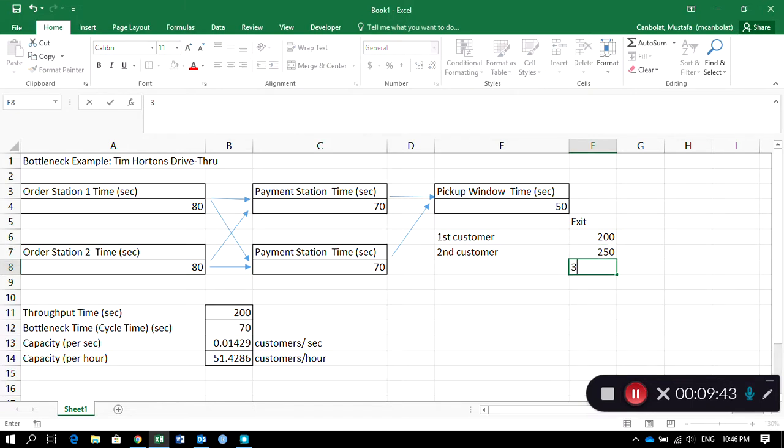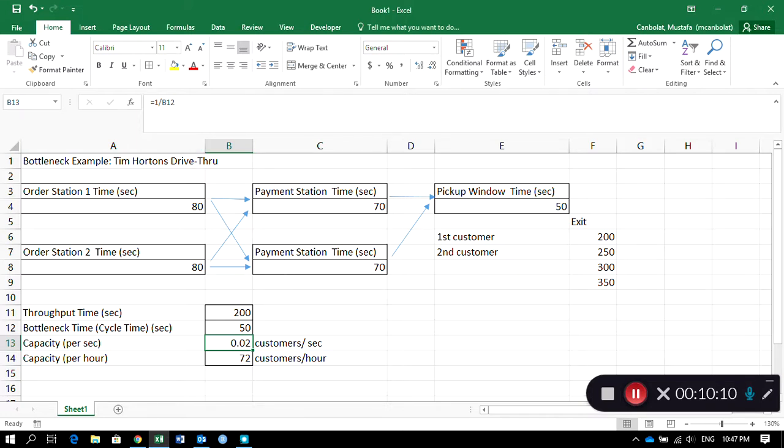The third one will be out at 300, 350, etc. So the bottleneck time will turn into 50 seconds only. In that case, the capacity will jump to 72 customers per hour, and our new bottleneck is the pickup window.